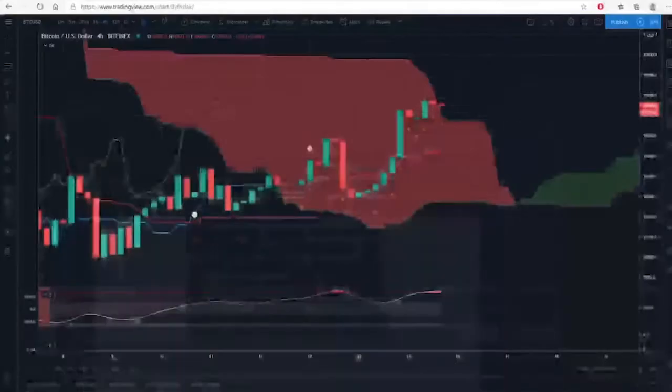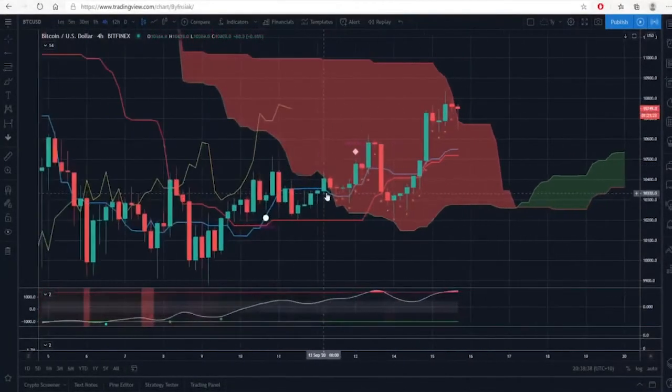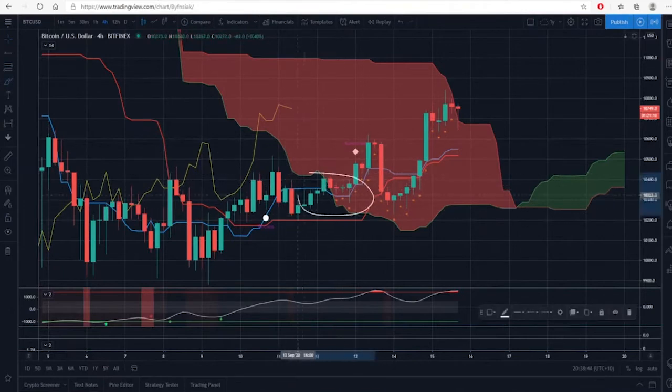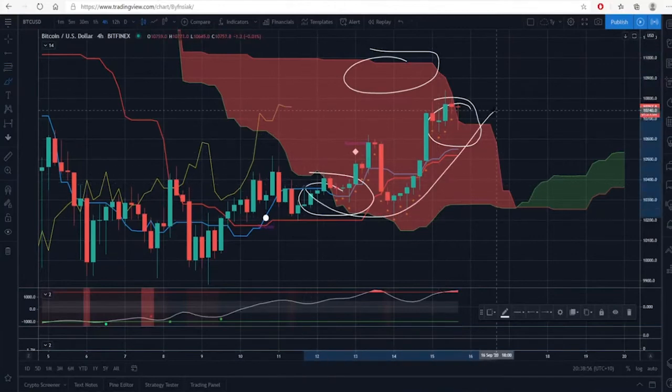So let's go through and have a look at an edge-to-edge trade. An edge-to-edge trade simply means we have broken into the cloud, and when we confidently break in one side of the cloud, we're looking for the other side of the cloud to act as the next price target, if you will, if all things are continuing on in this sort of bullish environment.